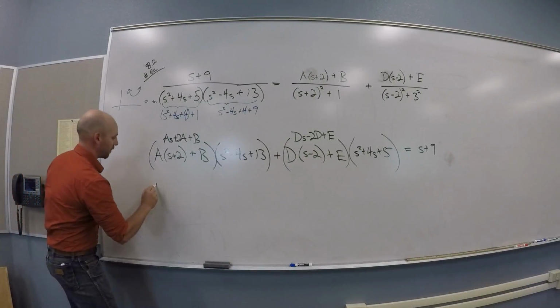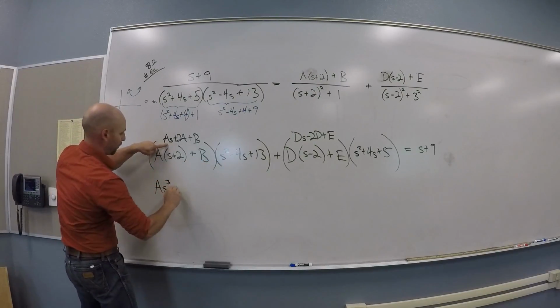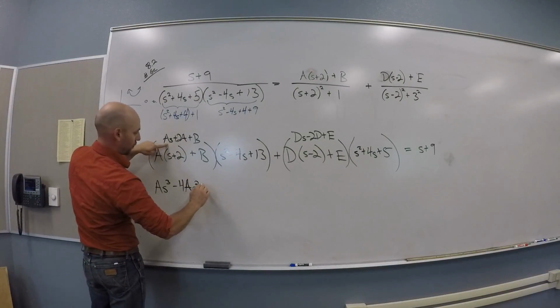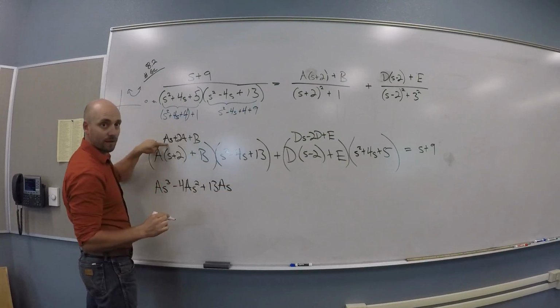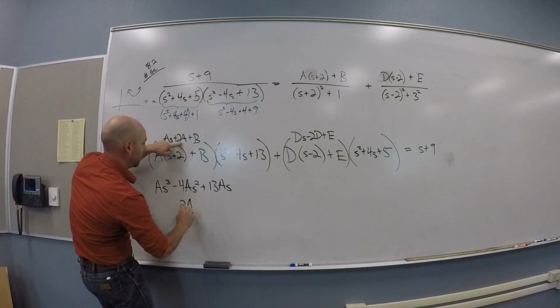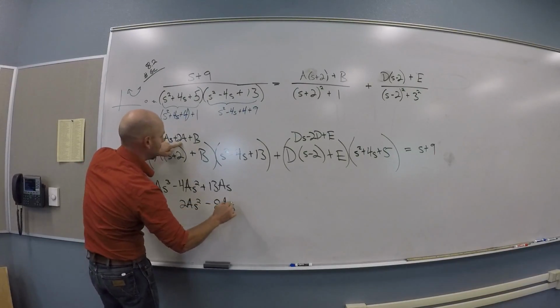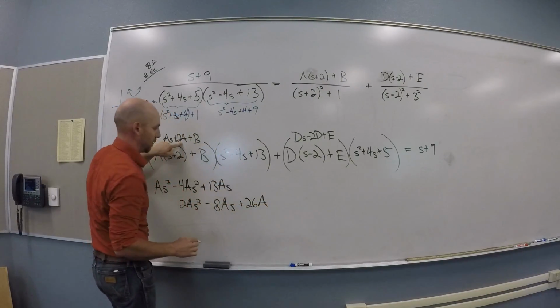So you get As cubed minus 4As squared plus 13As, and then 2As squared minus 8As plus 26A.